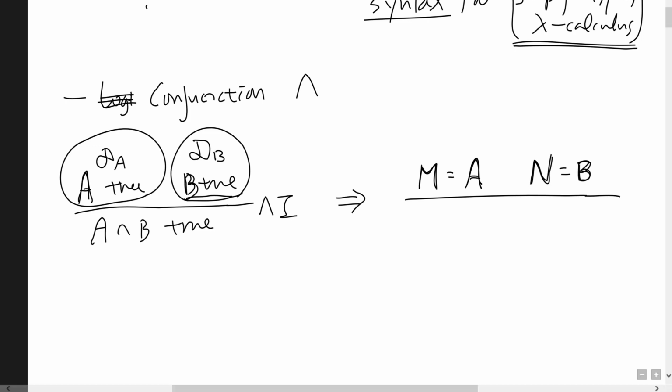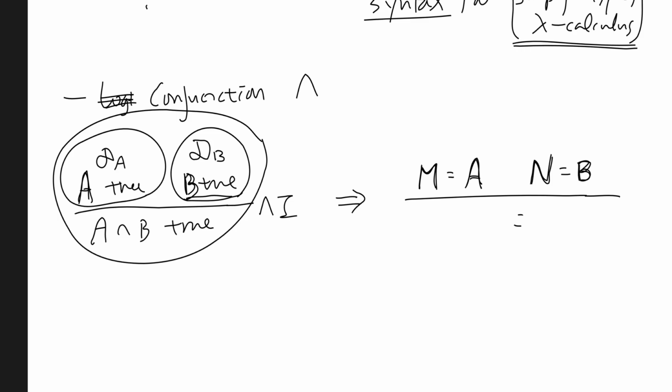Now the whole derivation tree, or the whole proof, can be represented as follows. We will assign the same name for this typing rule, conjunction introduction rule.